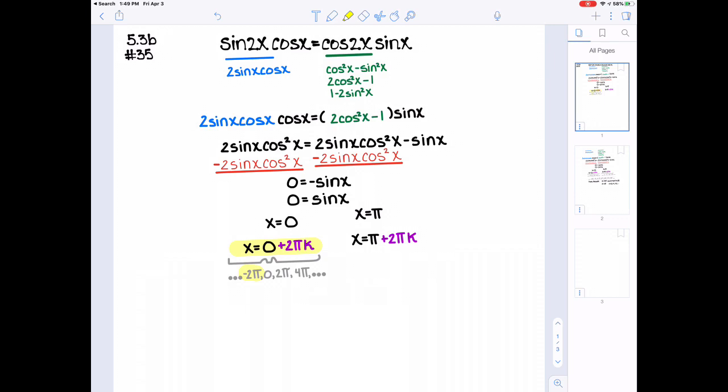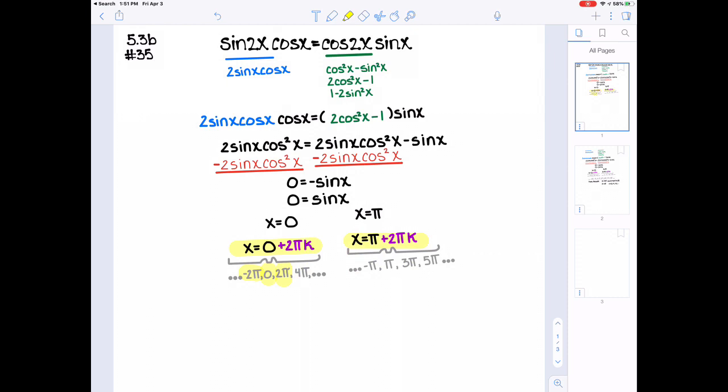If I substitute 0 in for k, I will get 0. If I substitute 1 in for k, I will get 2 pi. If I substitute 2 in for k, I will get 4 pi, and so on. Here are a few angle measures this equation is generating.